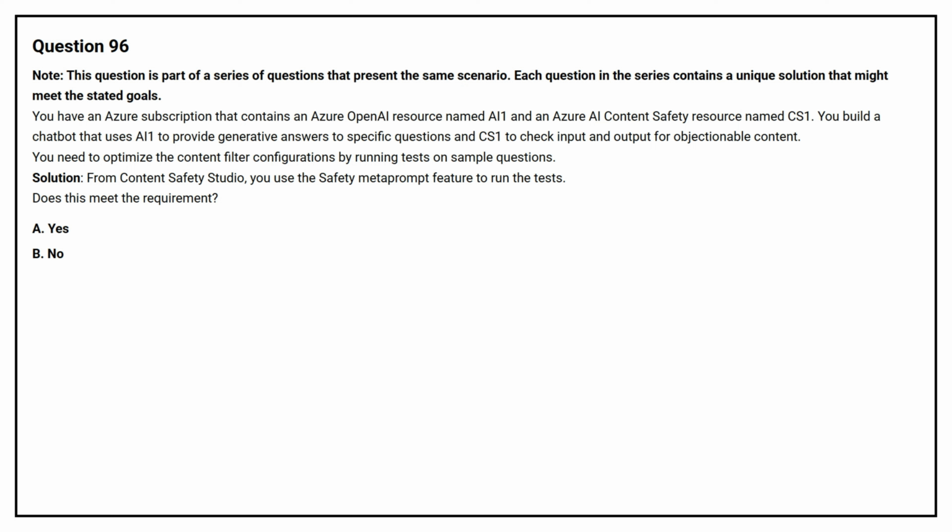You have an Azure subscription that contains an Azure OpenAI resource named AI1 and an Azure AI Content Safety resource named CS1. You build a chatbot that uses AI1 to provide generative answers to specific questions and CS1 to check input and output for objectionable content.